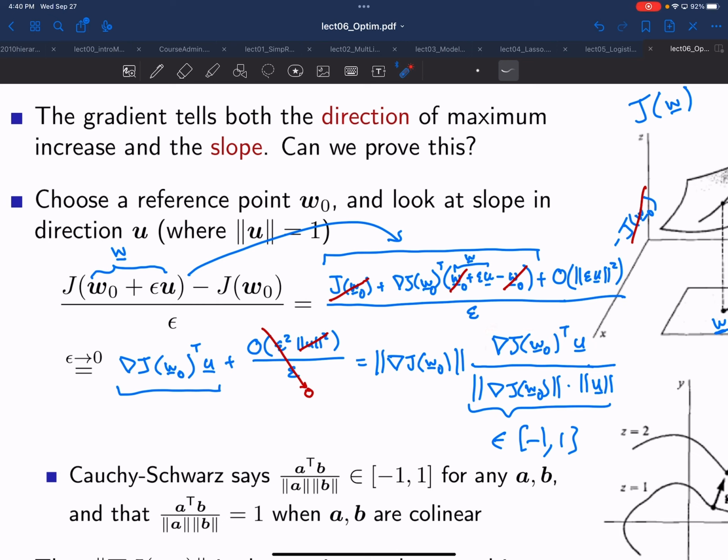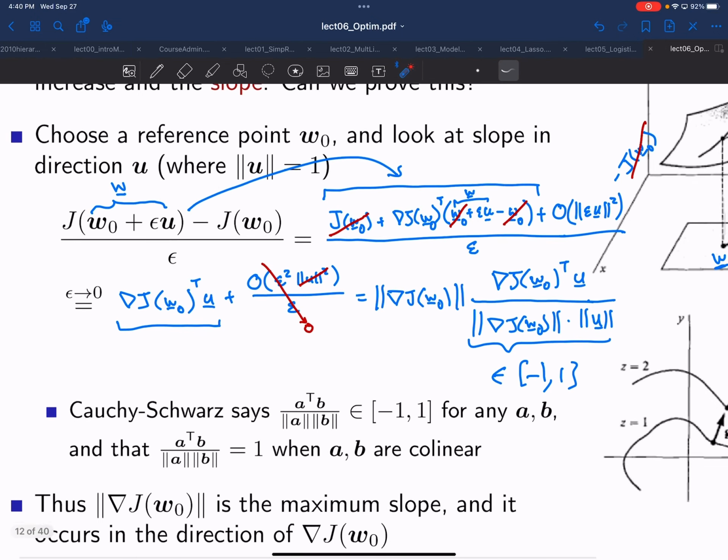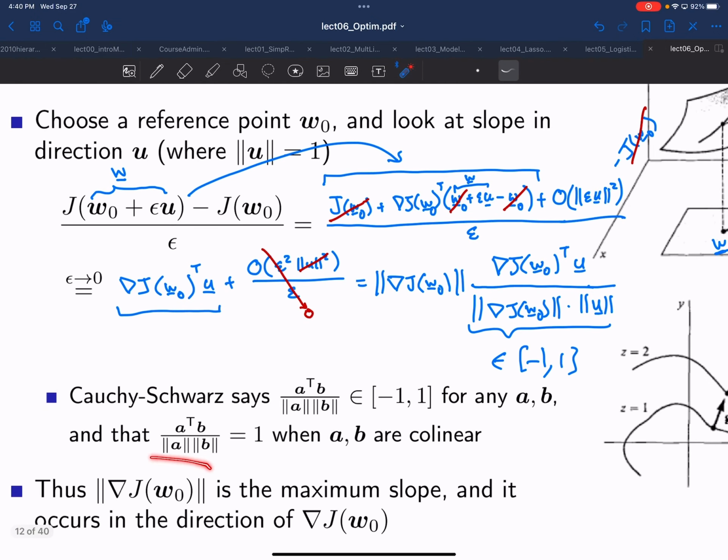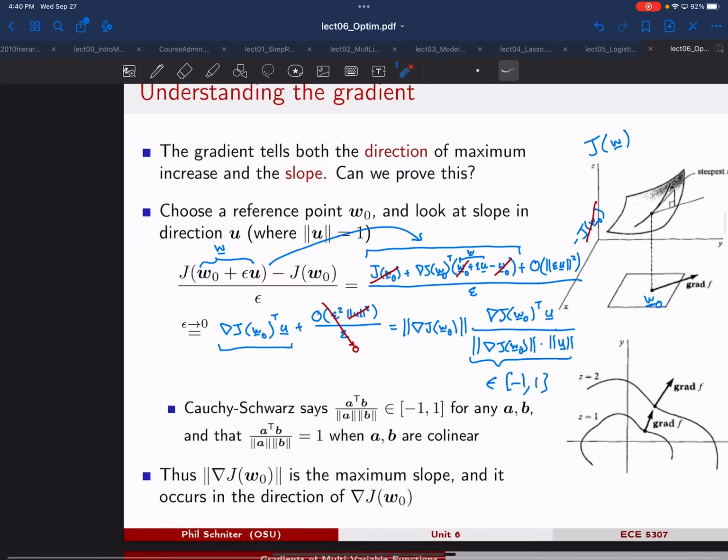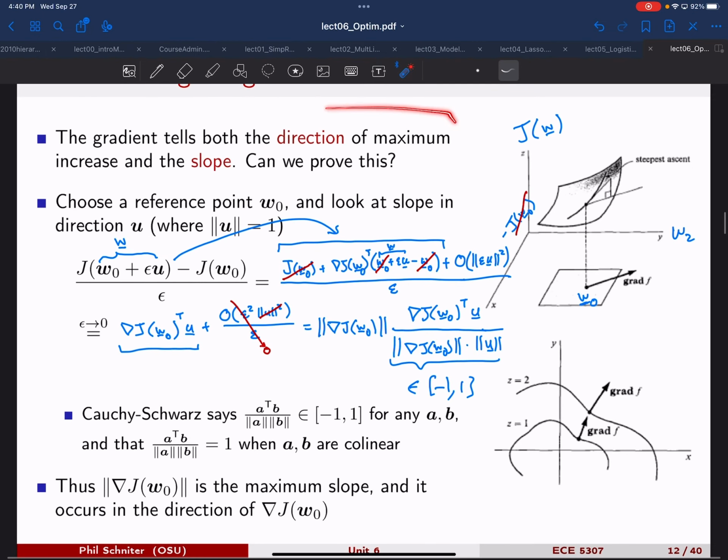So that's telling us two things. The maximum slope you can get is the norm of the gradient, and it occurs when you move in the gradient direction. That's exactly what we were setting out to prove to ourselves. The gradient tells us the direction you go to maximize the slope, as well as what the slope is if you move in that direction. You just compute the norm of the gradient vector, and that tells you exactly what the slope is.